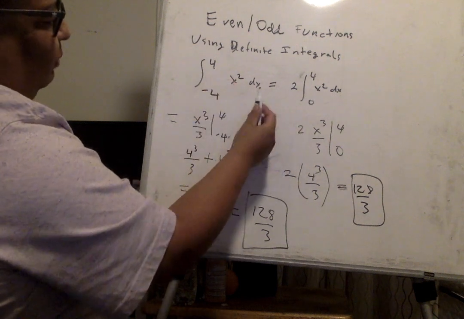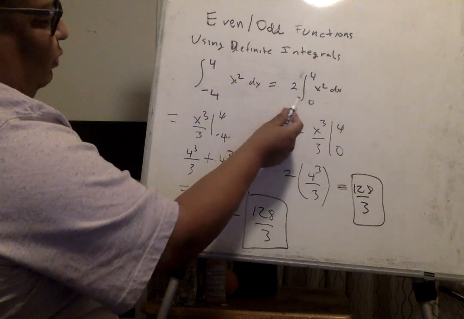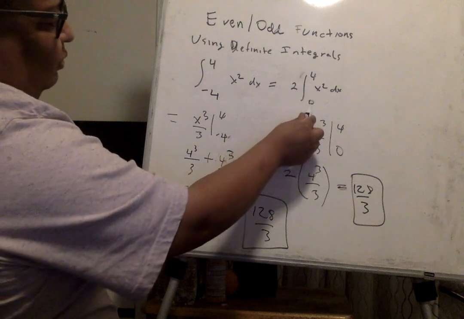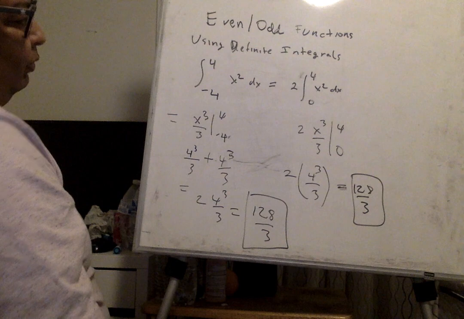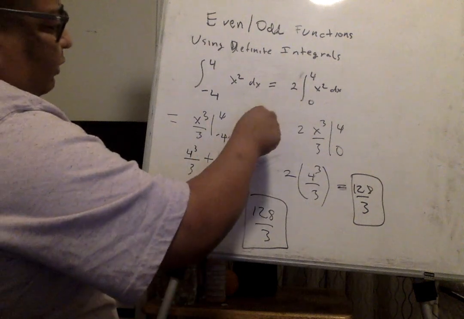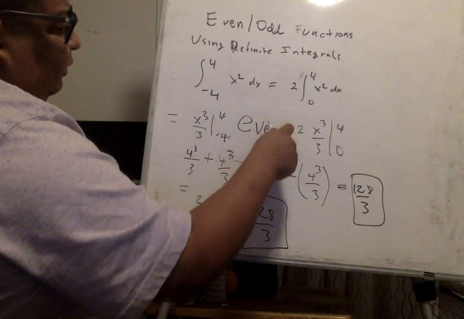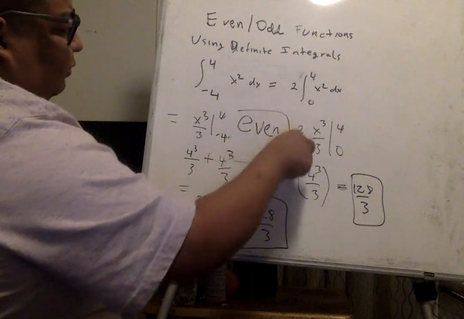Or for example, if it is between negative 2 and 2, you put 0 to 2 times 2. So this is the case for even functions.